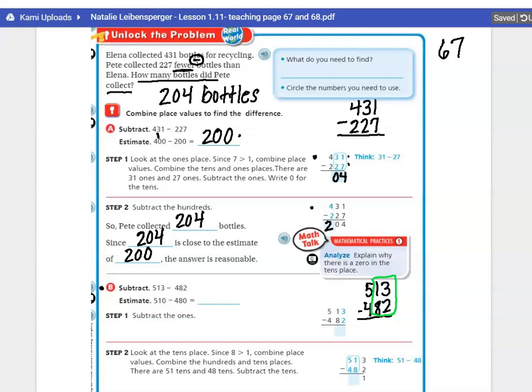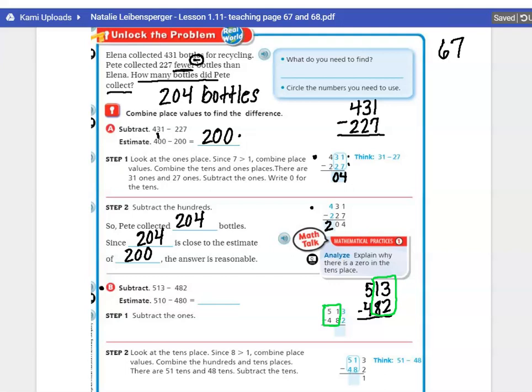so I couldn't take that away, right? I can't take 82 from 13. And I also know that they are not close to one another, so I can't really count on and easily subtract this way. But what I can do is combine the hundreds and the tens for this one. I notice that 48 and 51 are very close to one another.